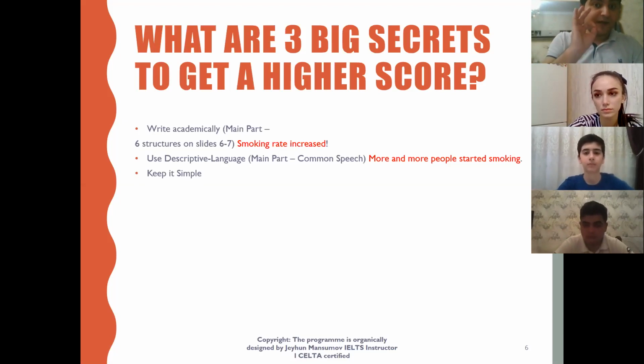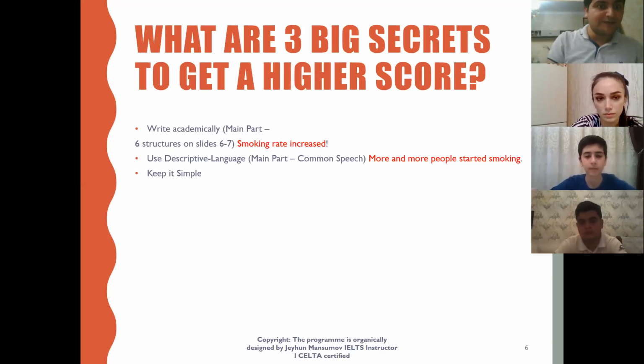So this is why my third biggest secret is: keep your paper simple and clear. Because when examiners are stuck trying to understand your paper and your sentences, they don't find it effective. So simplicity is really important in report writing.